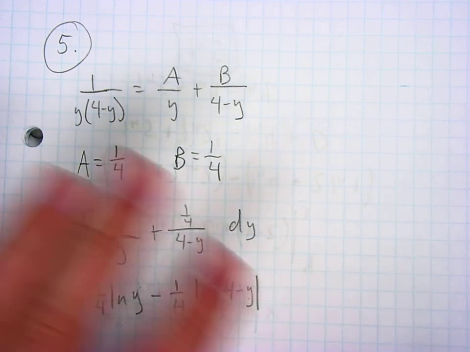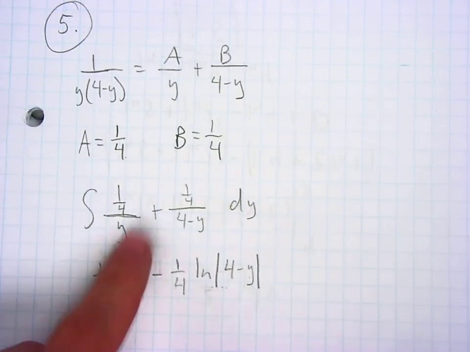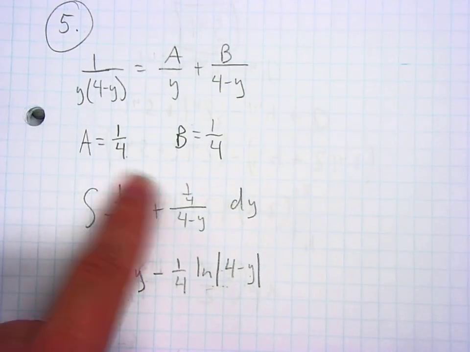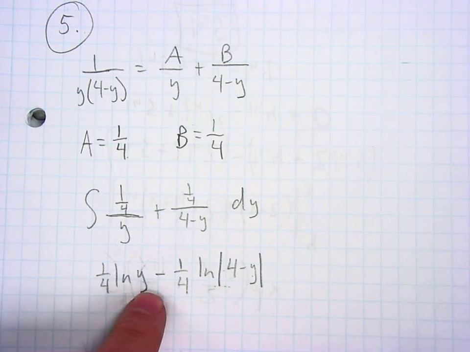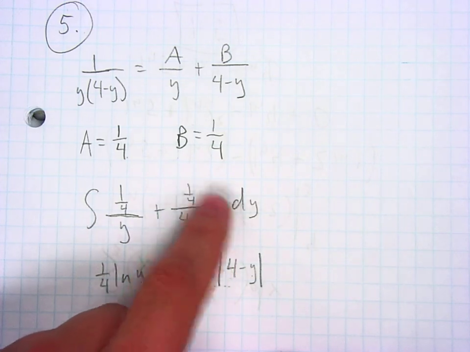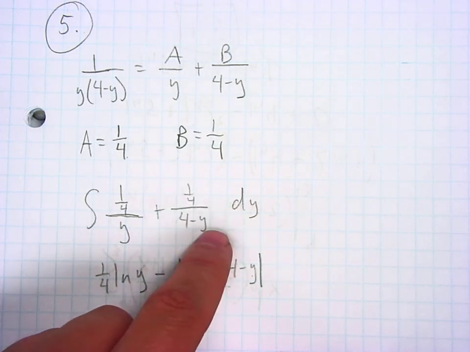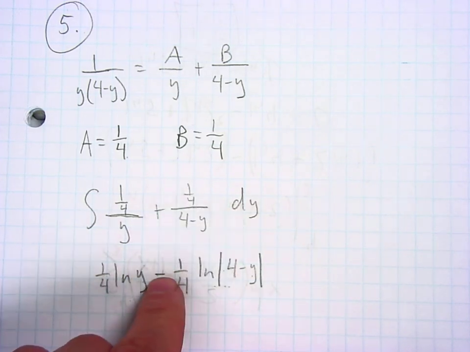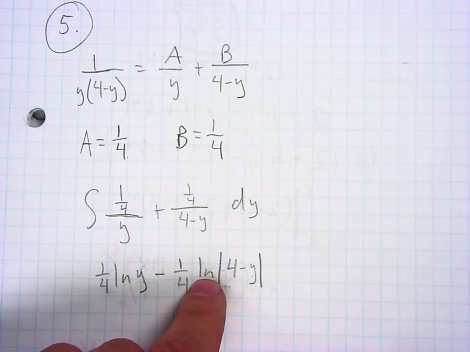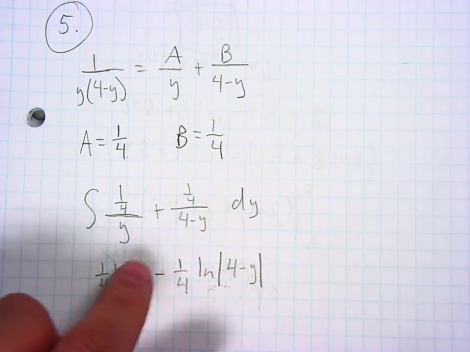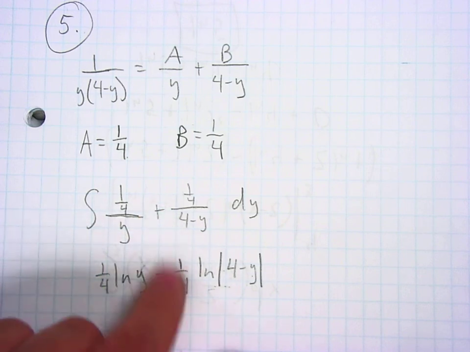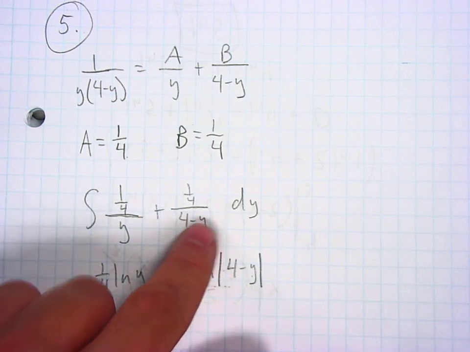But that's okay, because remember, the integral of some constant over y is just that constant times the natural log of y. And the integral of some constant over 4 minus y is negative that constant times the natural log of 4 minus y. If you're wondering why this switched, it's because we have to do the chain rule.